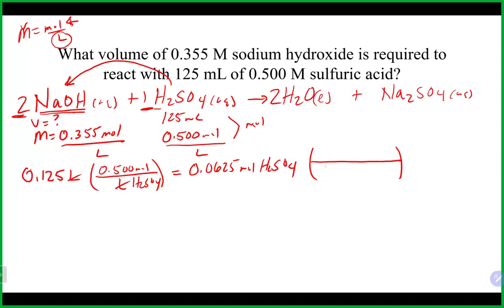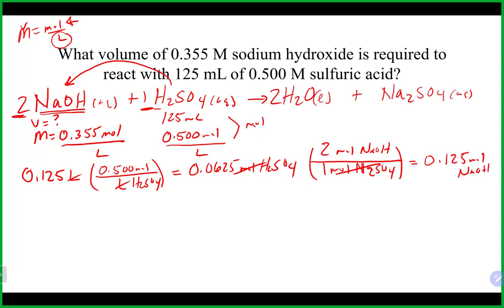So here we're going to go with 1 mole of H2SO4, which gives us 2 moles of sodium hydroxide. The moles of sulfuric acid cancel, and we'll end up with 0.125 moles of sodium hydroxide in this case.